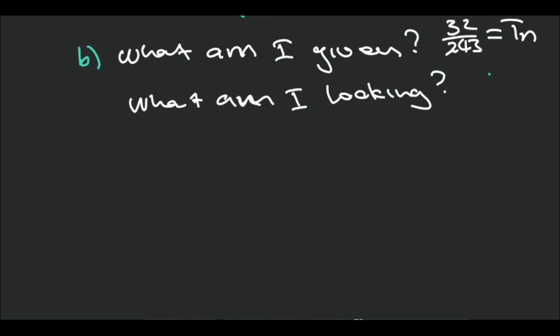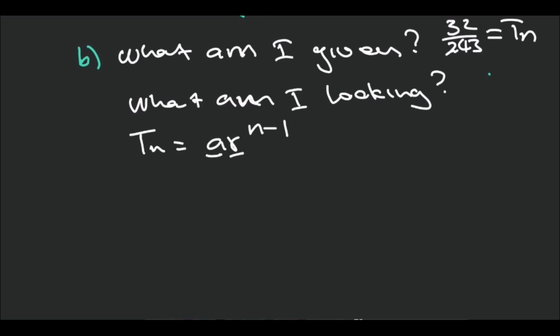Remember, your equation is Tn is equal to A R to the power n minus 1. We know the value of A is 1 and the value of R is 2 over 3, which we found in the previous question. So we have our Tn, and the only thing missing is n. So we are looking for n in this case.